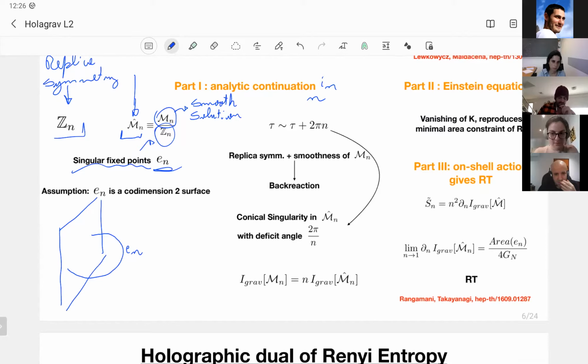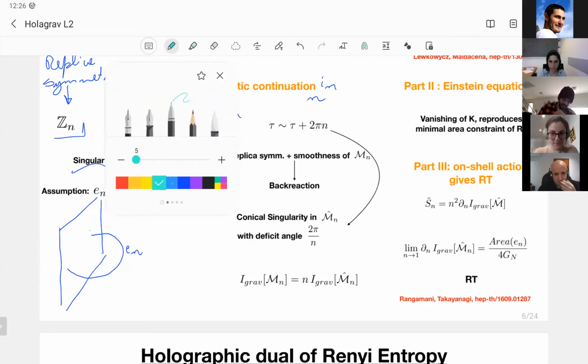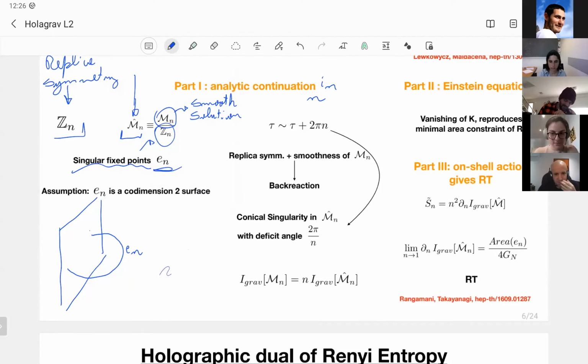So what they did is to translate here on this boundary, you can imagine to have a coordinate system that is centered, if you want, in the codimension 2 surface. For example, let me do another picture. You can have a piece of this En.